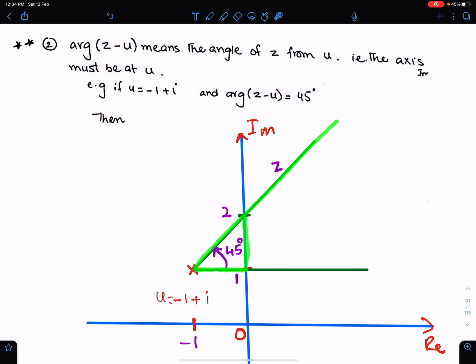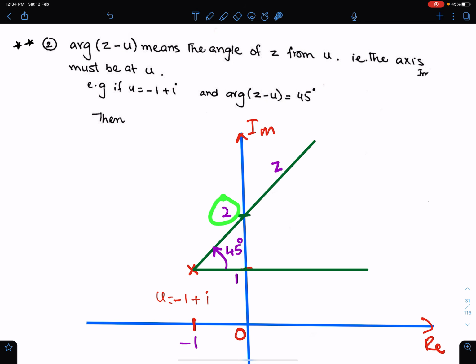This is the line. This is the line of argument z. And this angle is 45. Make sure you always sketch 45 correctly. Same units right and same units up. This means y is equal to x. And this intercept must be 2.